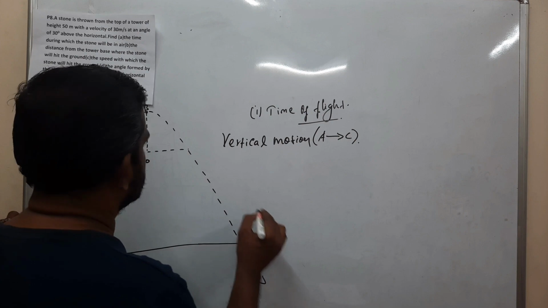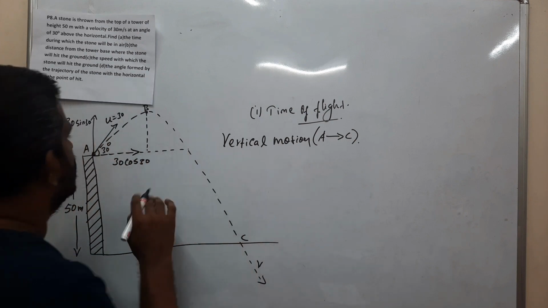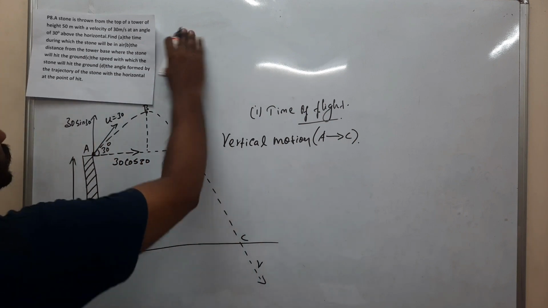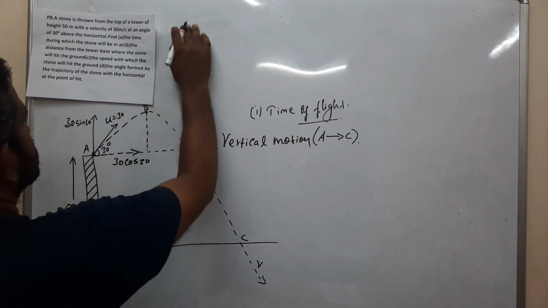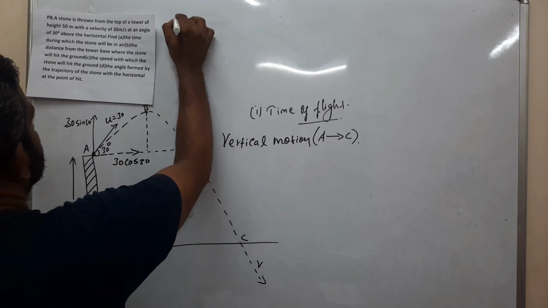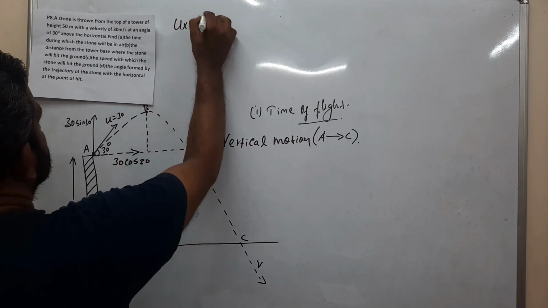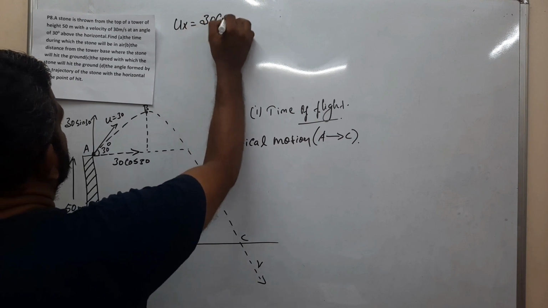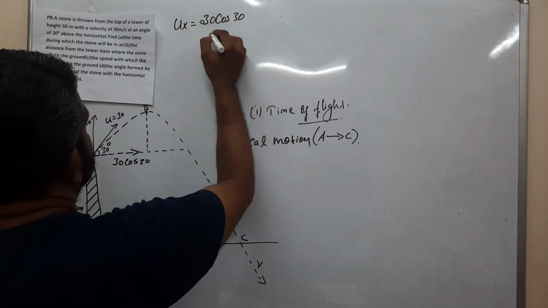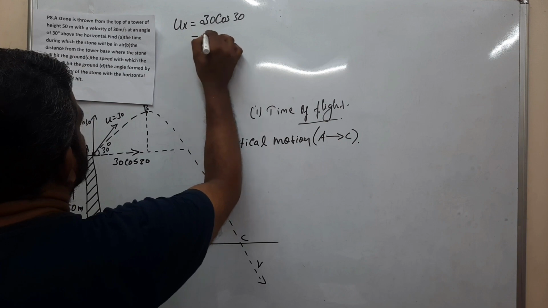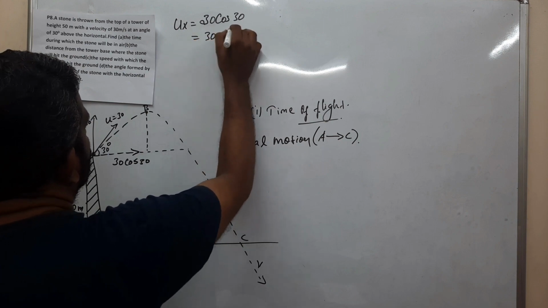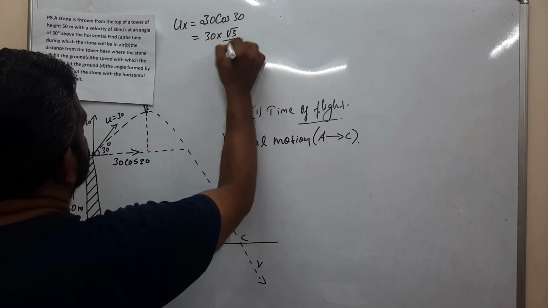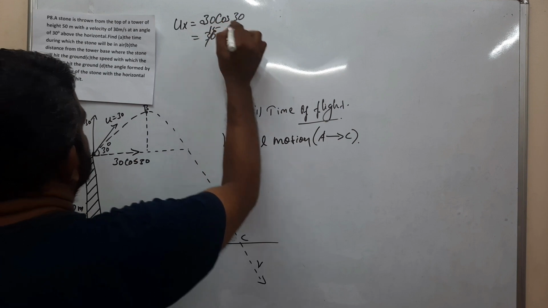So I am using the kinematic equation. The initial horizontal velocity ux is equal to 30 cos 30. So that's equal to 30 into root 3 divided by 2. Cancel, that is 15.